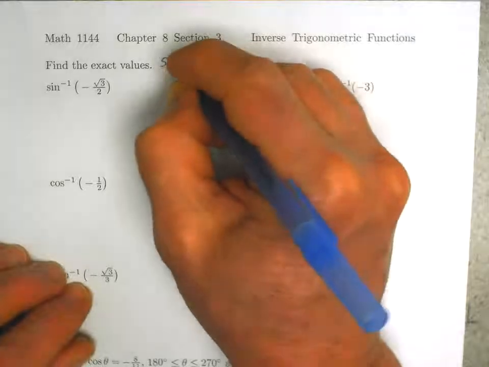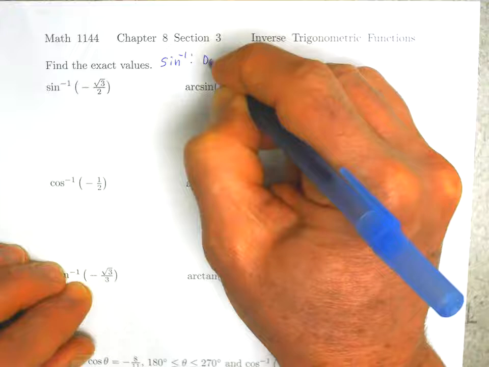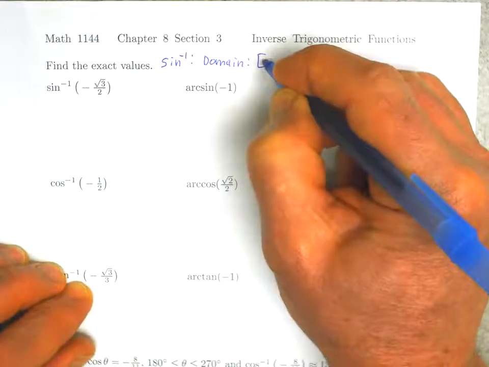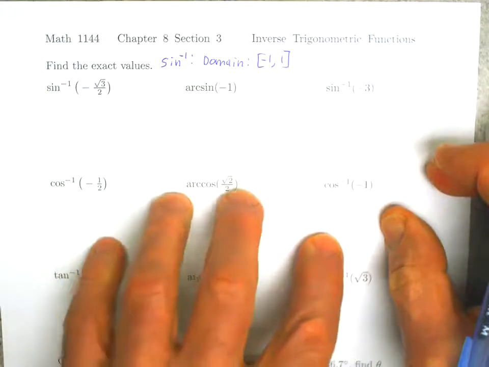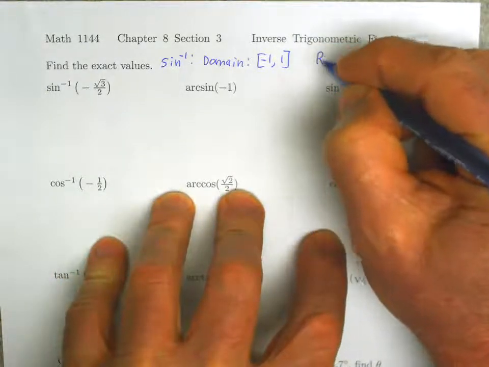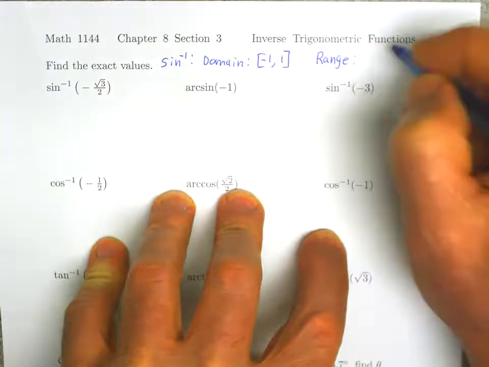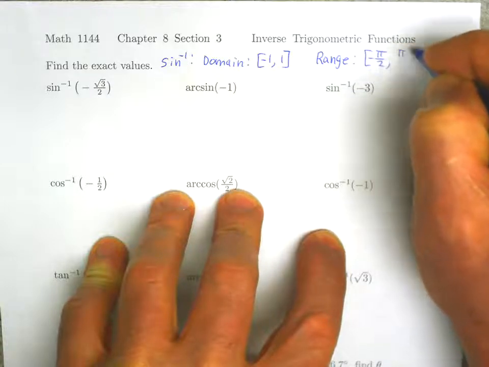I'll remind you the domain for the inverse sine function are the numbers from -1 to 1, including -1 and 1. And the range, or the output values for inverse sine, are from -pi/2 to pi/2.